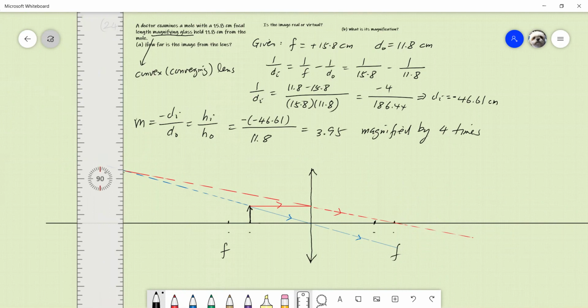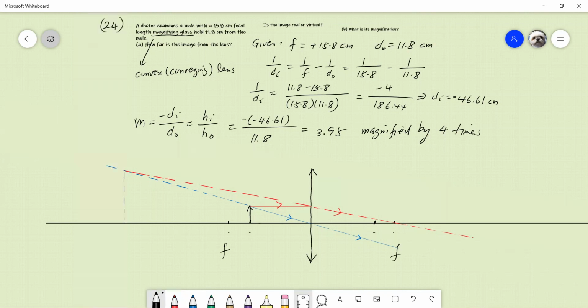So the image, I'm not gonna use the solid line to draw that, right? It represents that my image is virtual, right? Well, verify that by my calculation here, right? And then they are what?